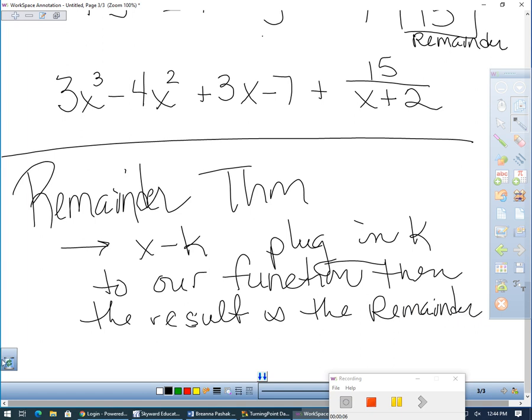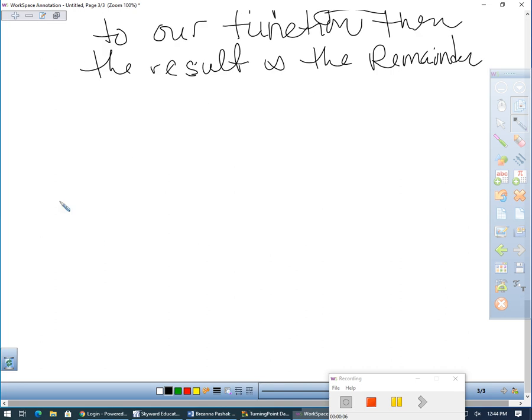So if I just want to know what the remainder is, or if it has a remainder, then I can use the remainder theorem. So for example, here is example number 3.